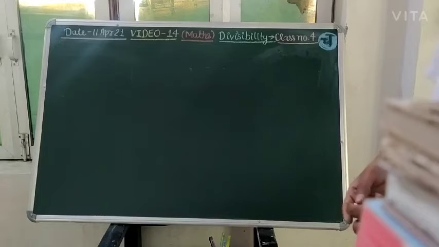Please keep in mind that 0 is also considered an even number, so that will also be divisible by 2. So the divisibility rule of 2 is that the unit digit must be even.